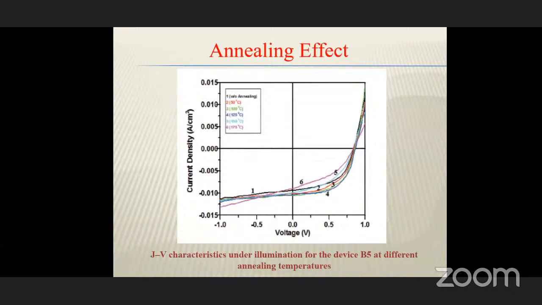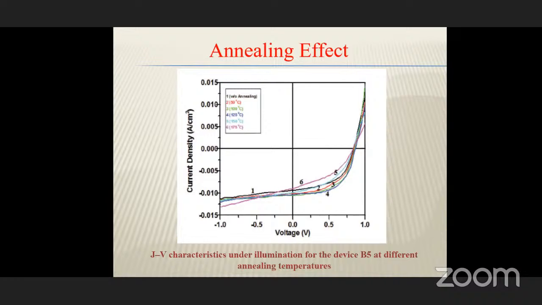Also, we have performed the annealing response of the HAT4 coated silicon substrate, and finally the solar cells. We can clearly see here that the devices with thermal annealing show better performance than without annealing.